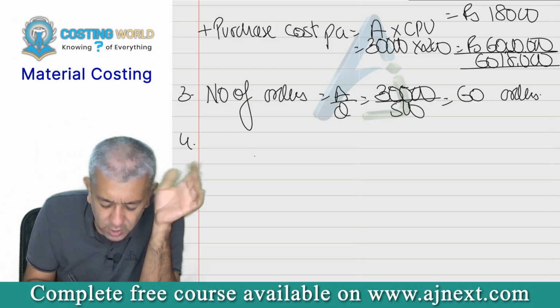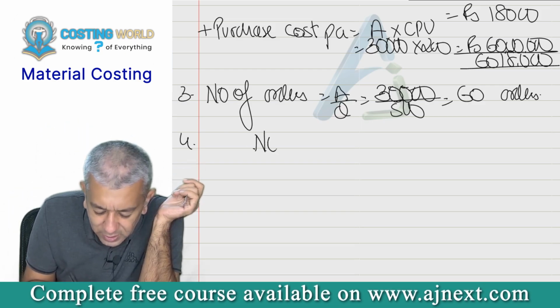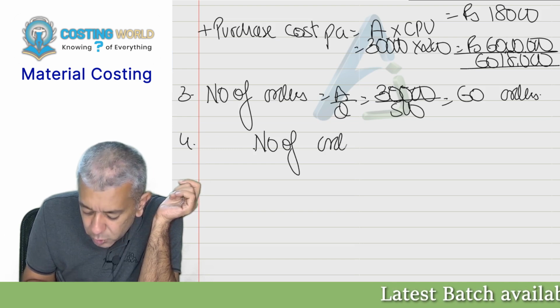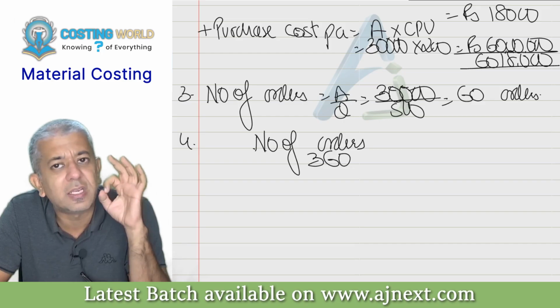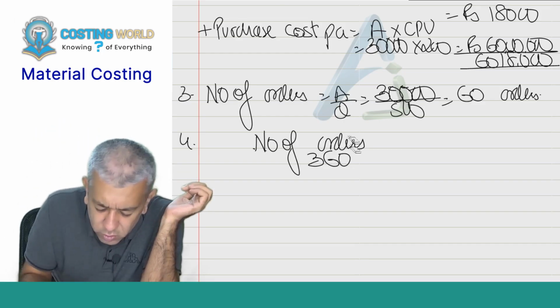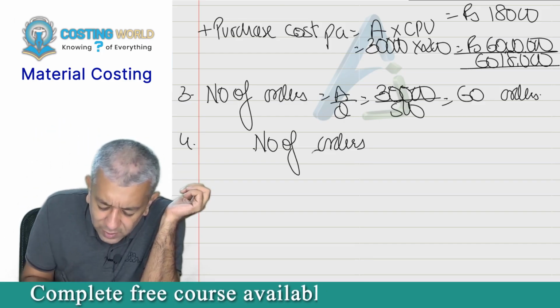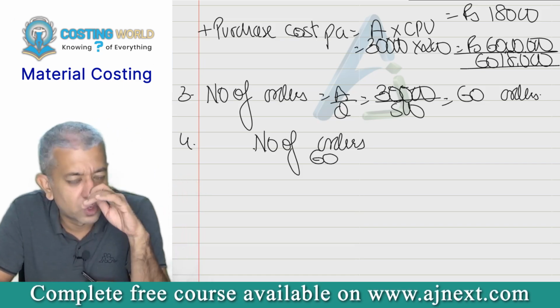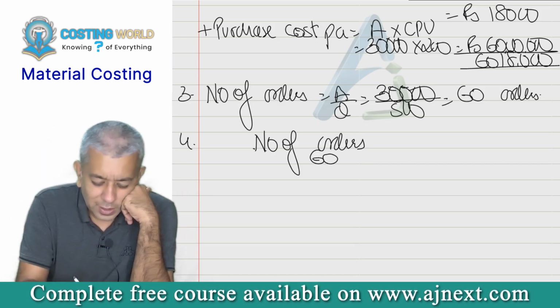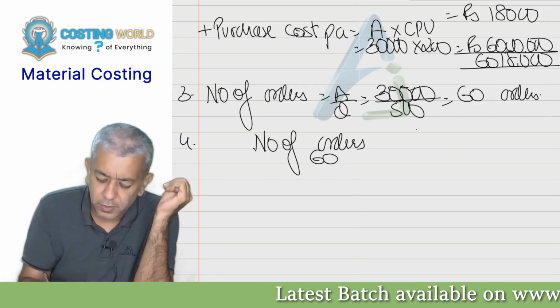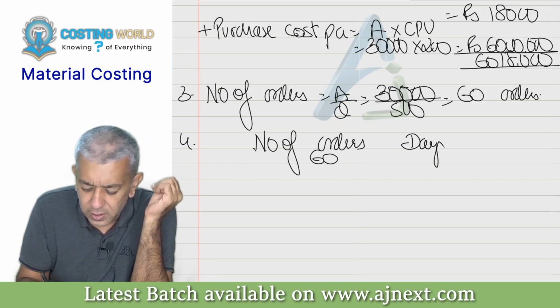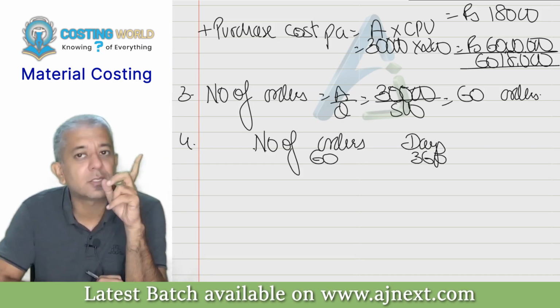So what I am trying to say is something like this. Number of orders, please don't write. In the entire year you are going to have 60 orders. In the entire year there are how many days here? 360.